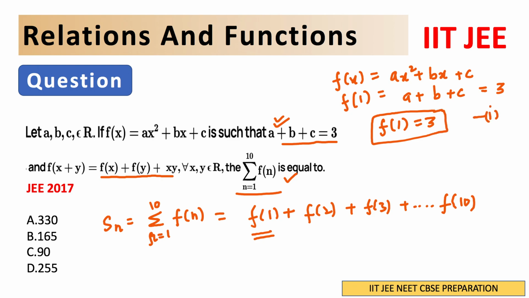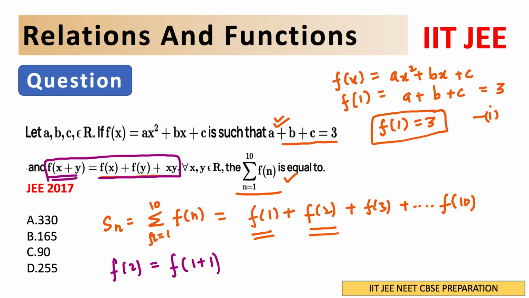Now let us calculate what is the value of f2. Can I say that f(2) is nothing but f(1 plus 1)? Because in the question they have already given f(x plus y), I can apply this formula here. f(x plus y) is f(x) plus f(y) plus xy.